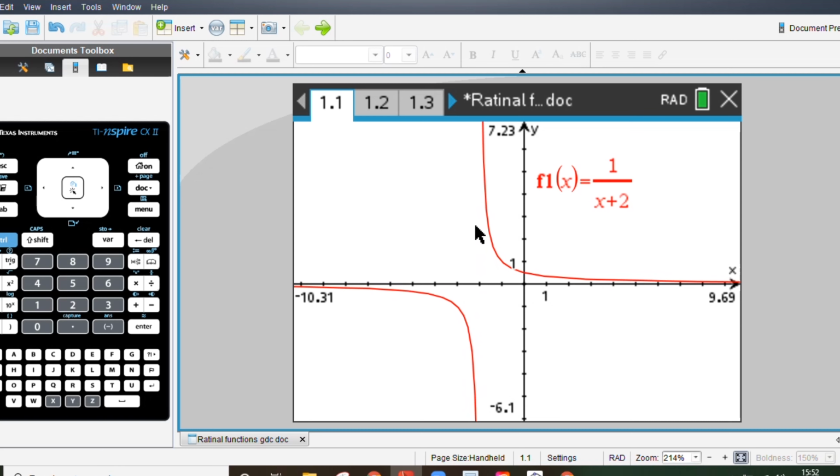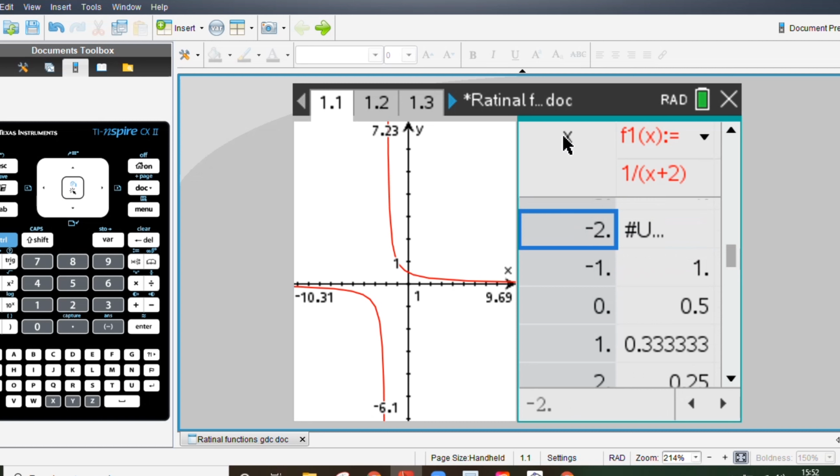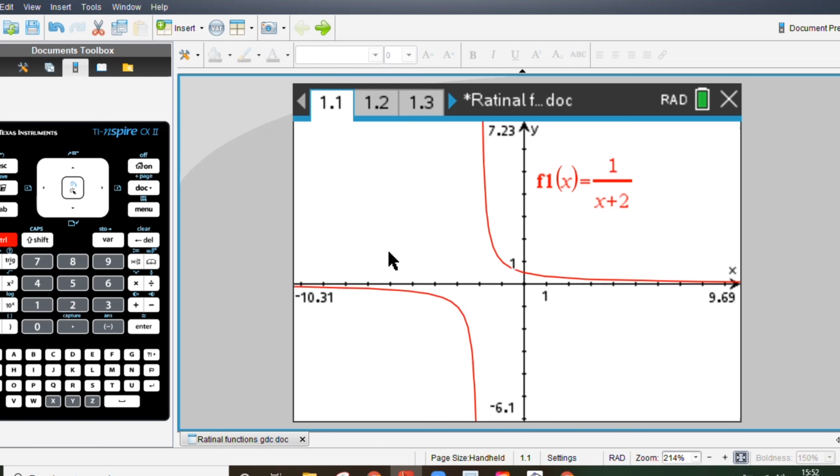Even the point values for this function present in the table show how x equal to minus 2 gives the y value as undefined, and hence the graph never touches x equals minus 2 and it's an asymptote. This one was a vertical asymptote.